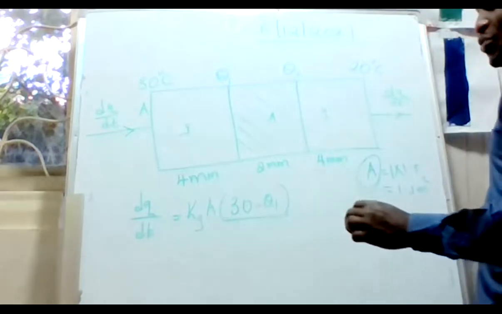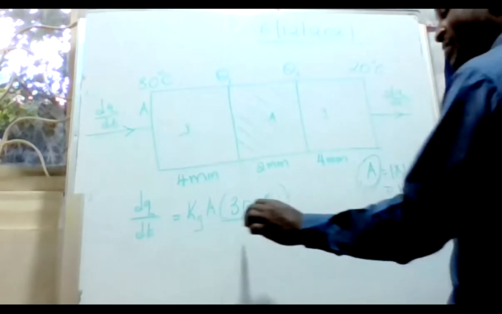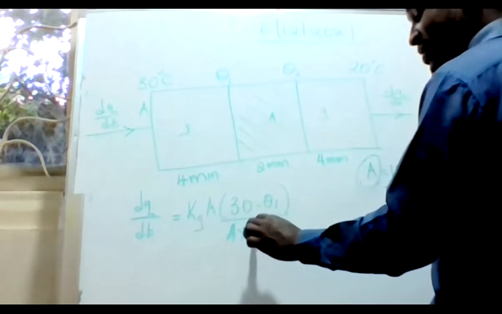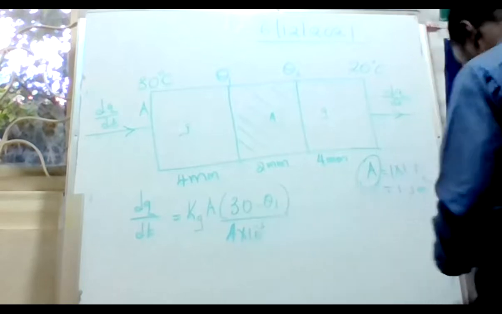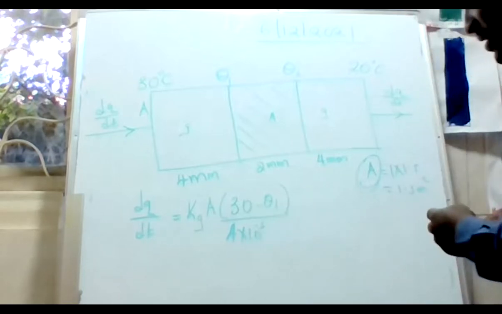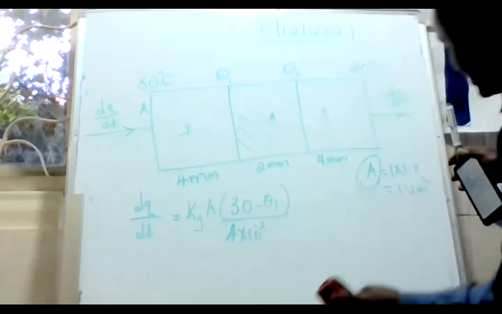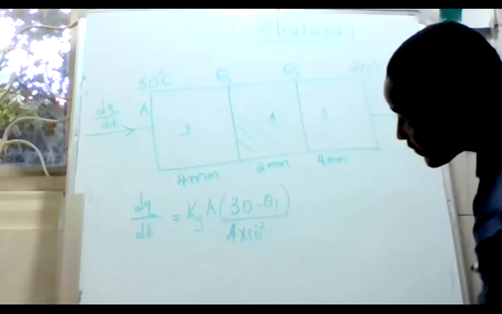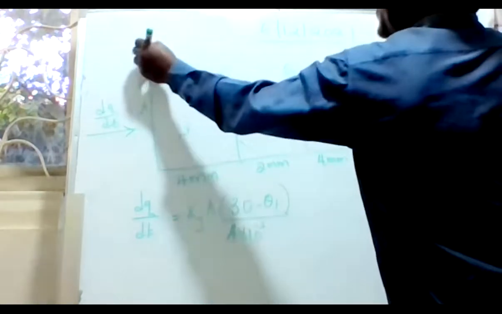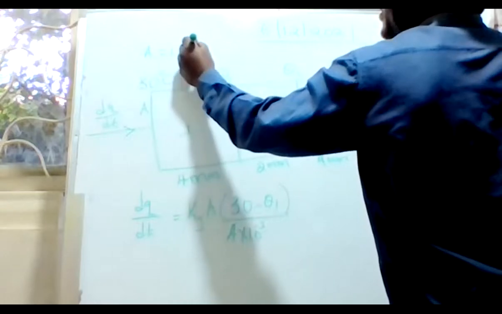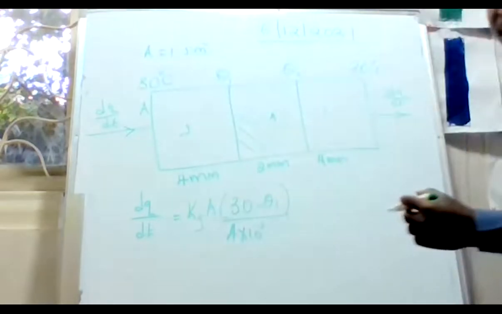So you convert it into meters: this is 4 times 10 power negative 3. Now put the area here as well.